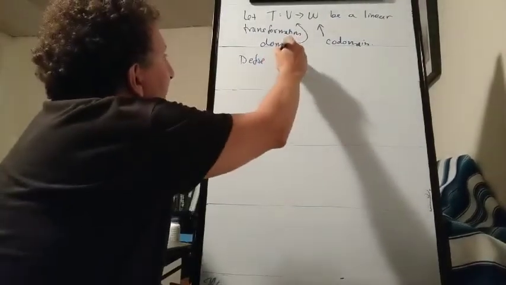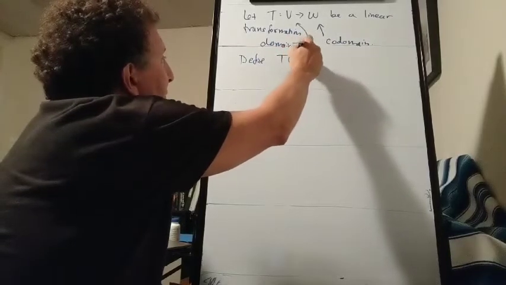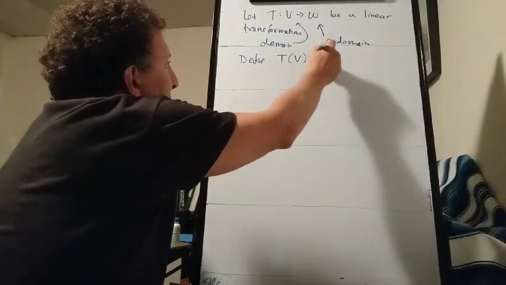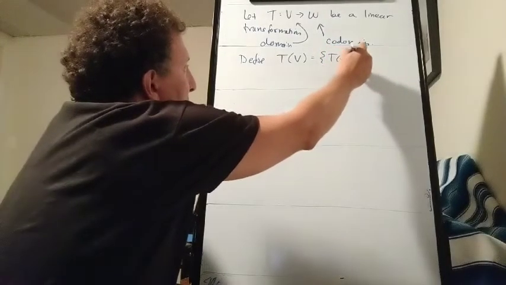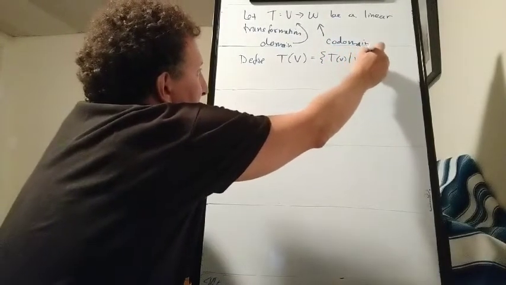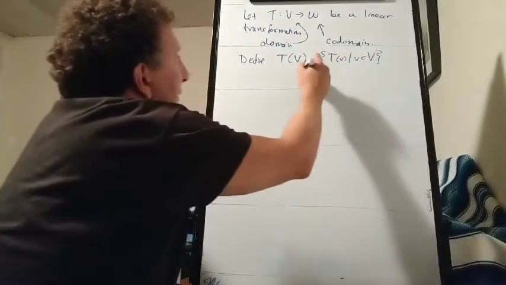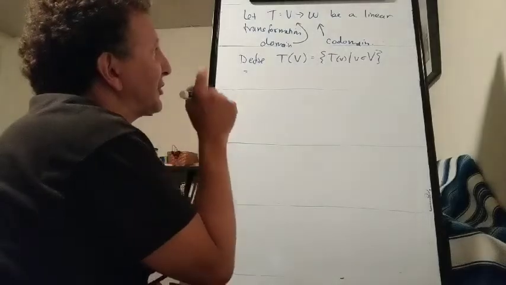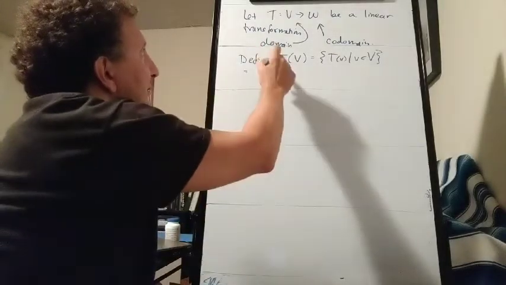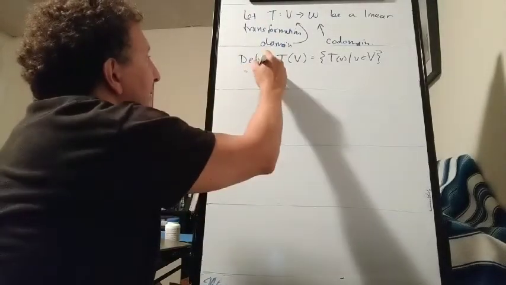So define T of capital V to be the set of all things of the form T of little v, where little v is a vector in capital V. So that's the things in W that we actually get by applying T to something in V.